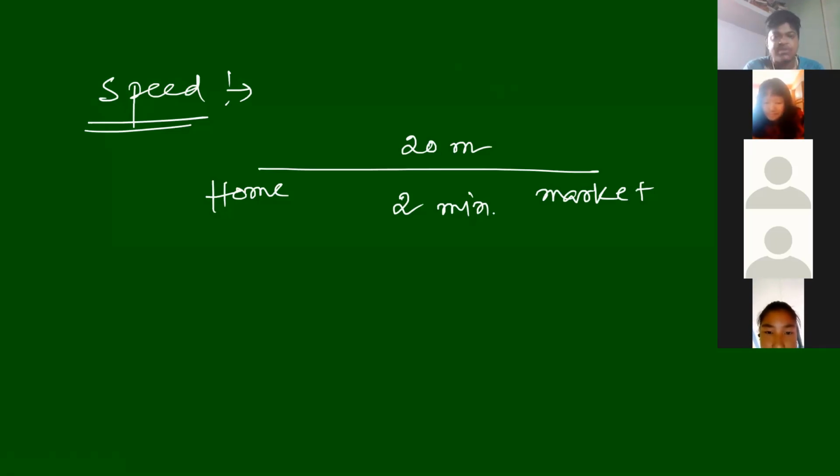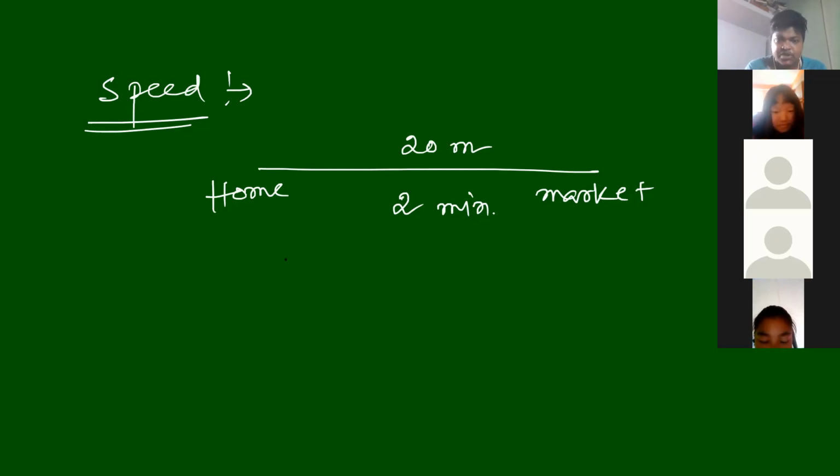So speed is defined as how much distance you are covering in a specified amount of time. In this case, you are covering 20 meter in 2 minutes, right?